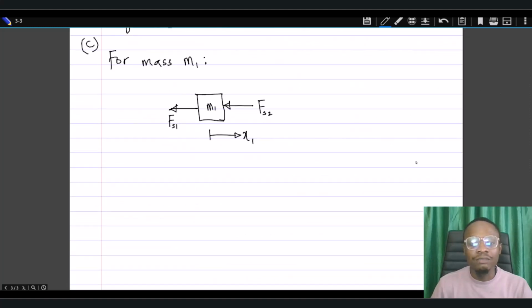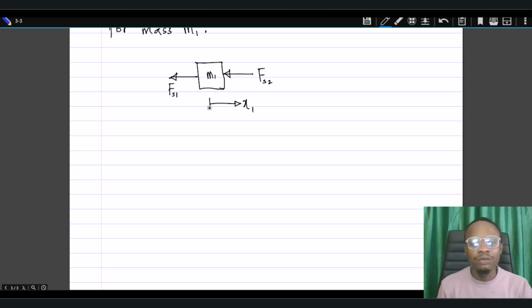Let us firstly write out the equation of motion for this mass M1. So to follow that, there is no force in the direction of displacement. You can put that at 0, then minus all of these opposite the direction of its displacement. This is Fs1 minus Fs2, and this will be equal to M1 x1 double dot. Okay.